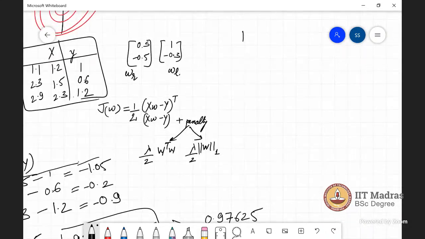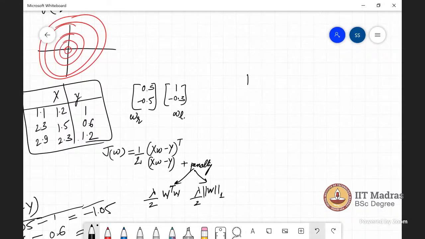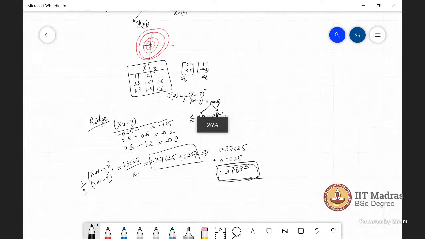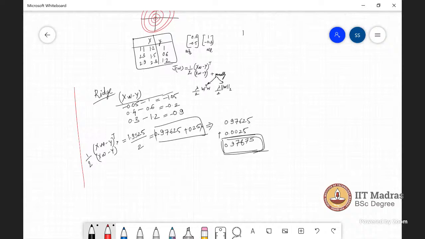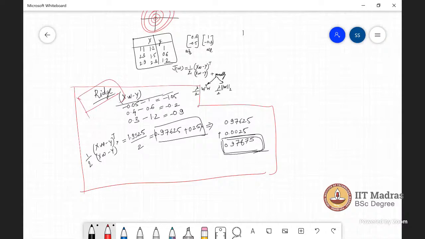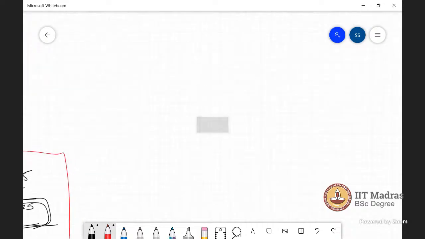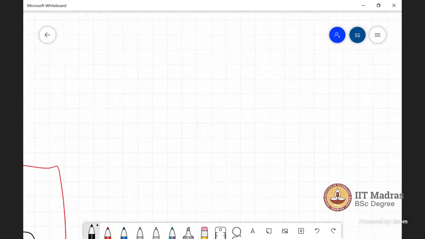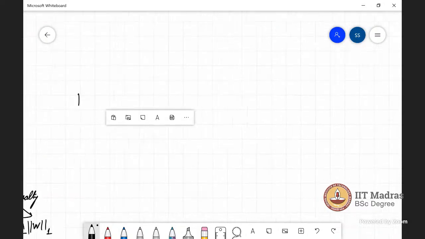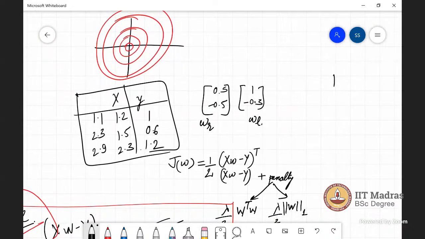Yes, this is another weight vector. 0.7. So this entire calculation, let me mark it, is what we did for ridge. Let's do the same set of calculations for lasso. So maybe I should copy these.